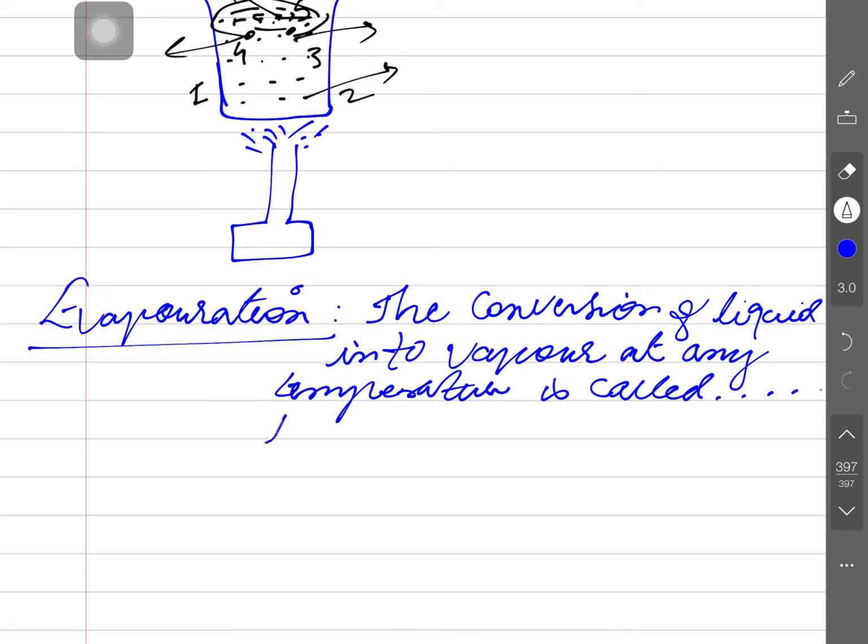So this is a surface phenomenon, the main characteristic. This is a surface phenomenon.